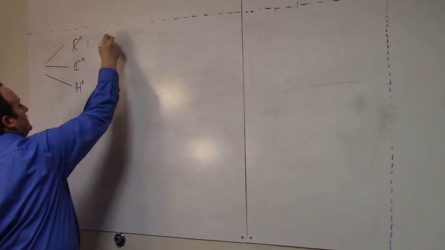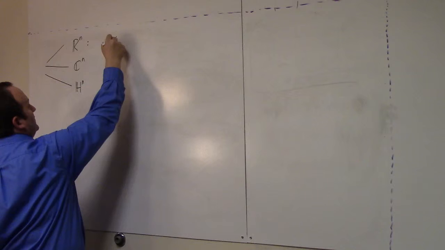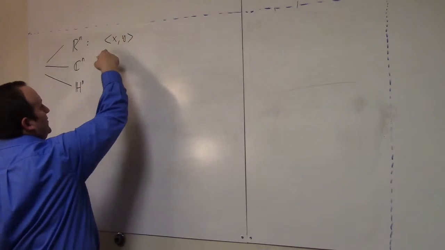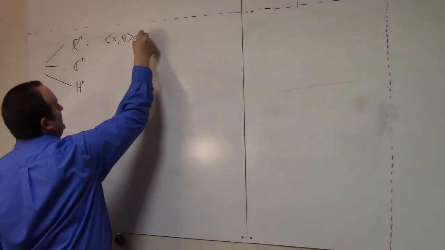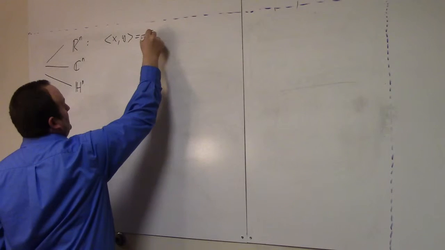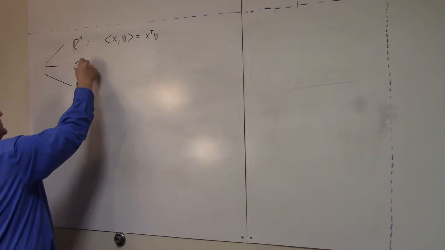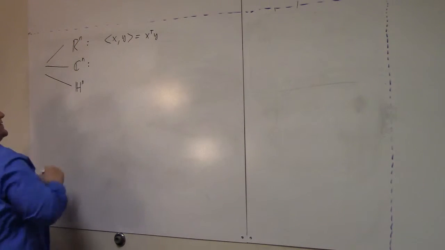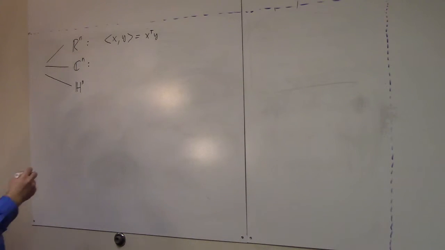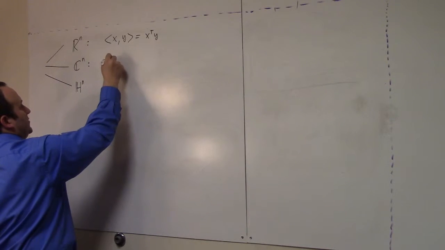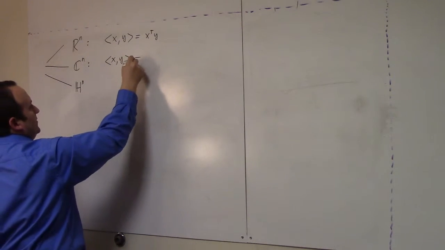If we have 2 n-vectors, x and y, the inner product of x and y is x transpose y. Great. Cn also has what's called a complex inner product, which we can also denote by x comma y.